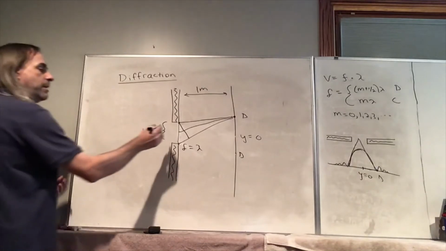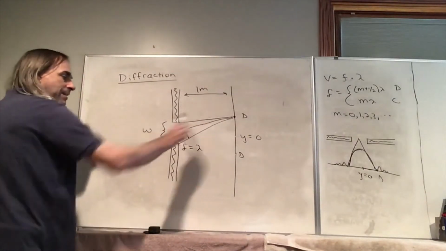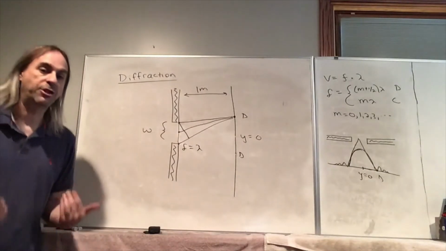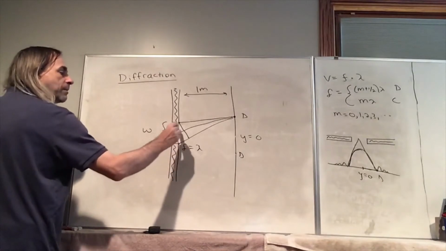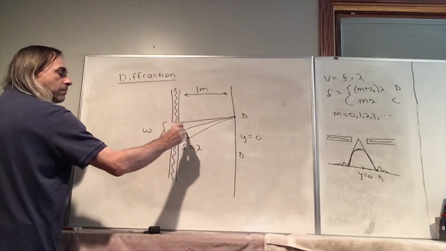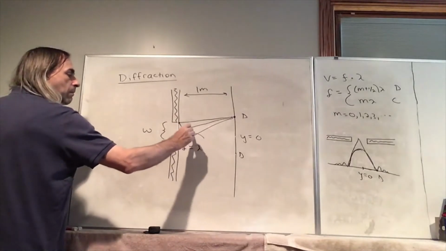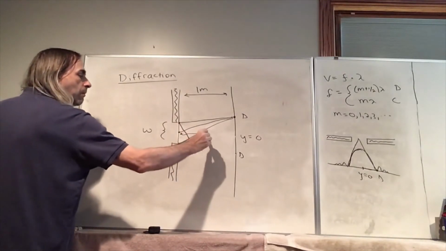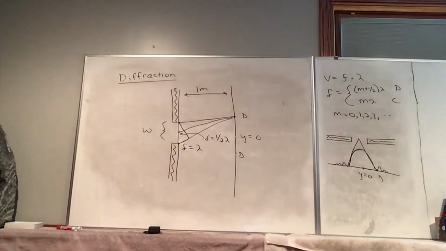So this point right here is the midpoint. Let's just say that delta equals lambda. Let's just go with that. Now, because this is the midpoint, if this is lambda, we have a triangle here.